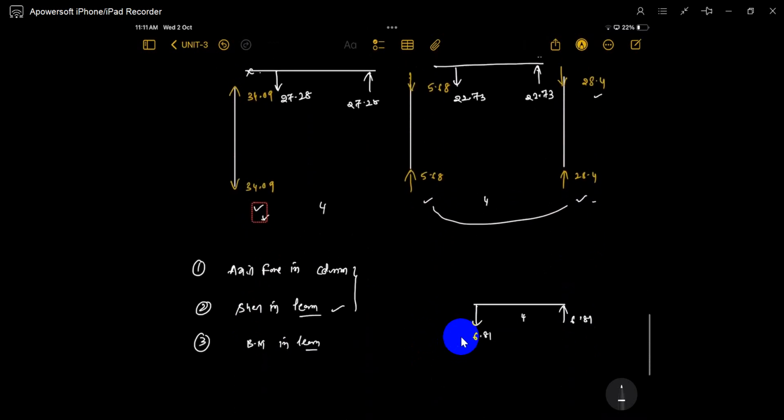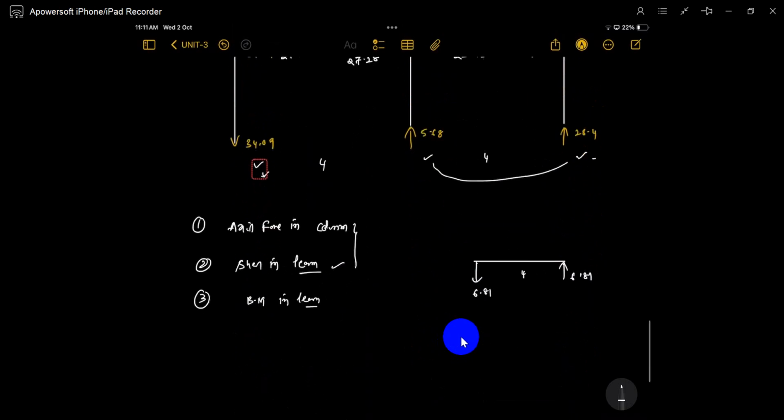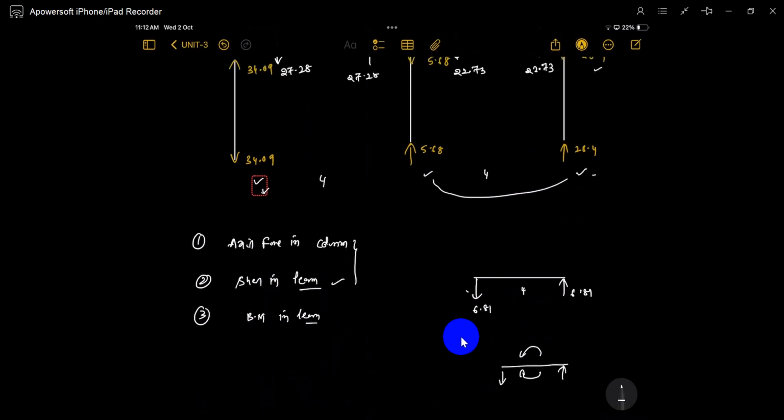These are the forces; what are the moments? 6.81 multiplied with 4. If the shear is in this direction, the moment acts like this, so you should counterbalance like this. The moment will come on this side.